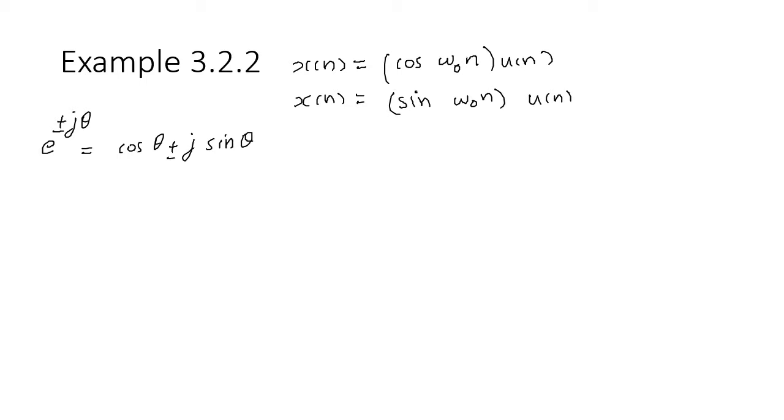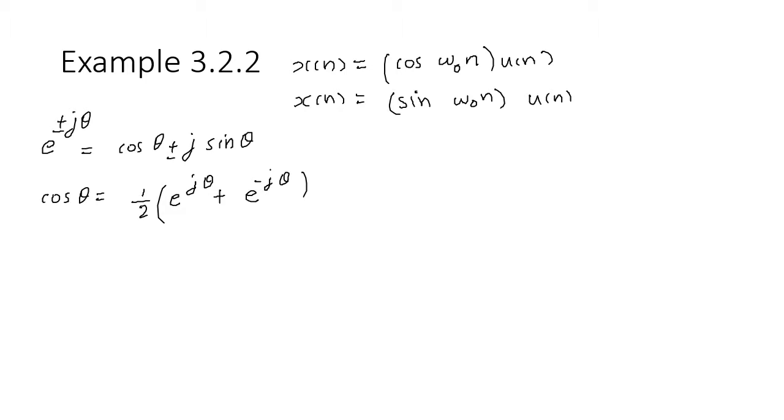So using this identity, one may write cos theta as half e raised to j theta plus e raised to minus j theta. Correct?